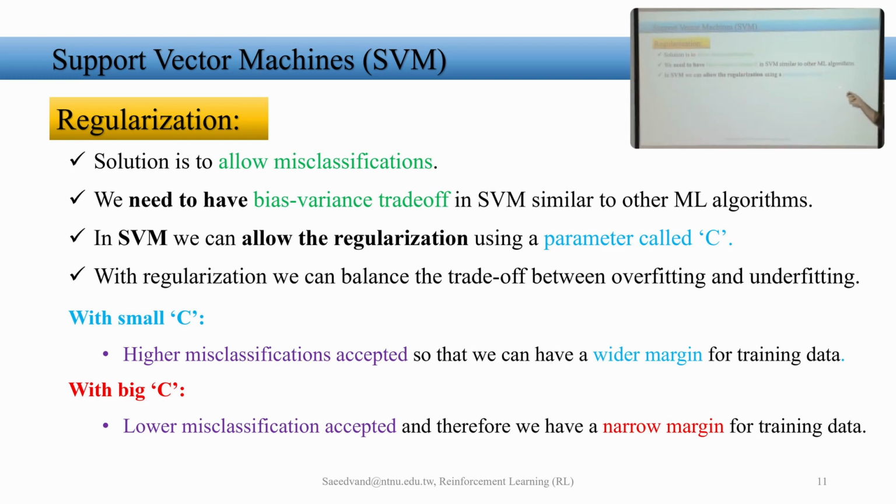In order to do this, we are going to introduce a very famous parameter in SVM called parameter C. This parameter C will define how much we want to allow the regularization, or how much we want to let our model make errors in terms of those margins.